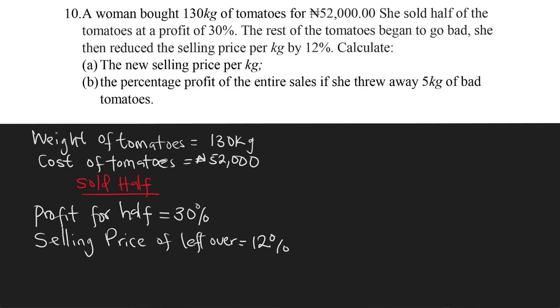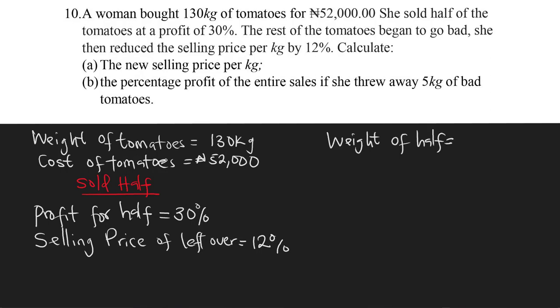Now, in order for us to solve this, remember that she sold half of the tomatoes at 30%. So to get the actual quantity of the tomatoes she sold, since we already have the amount and the kg, we can divide them by 2, right?